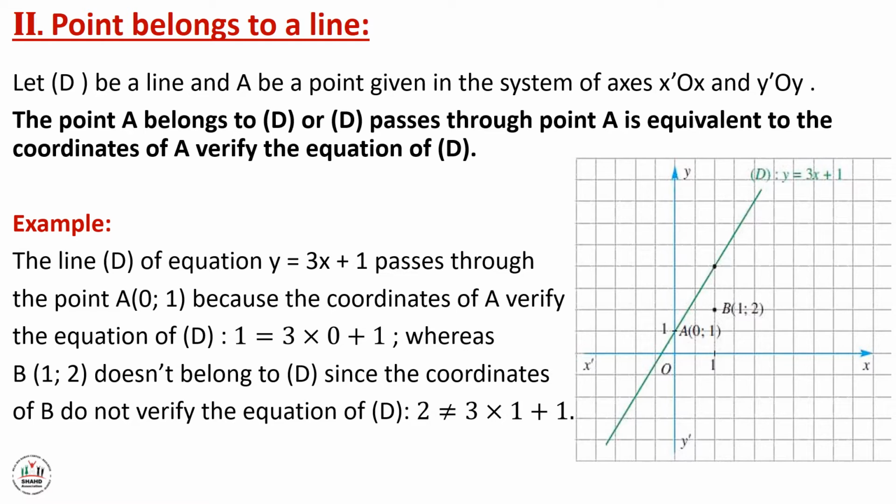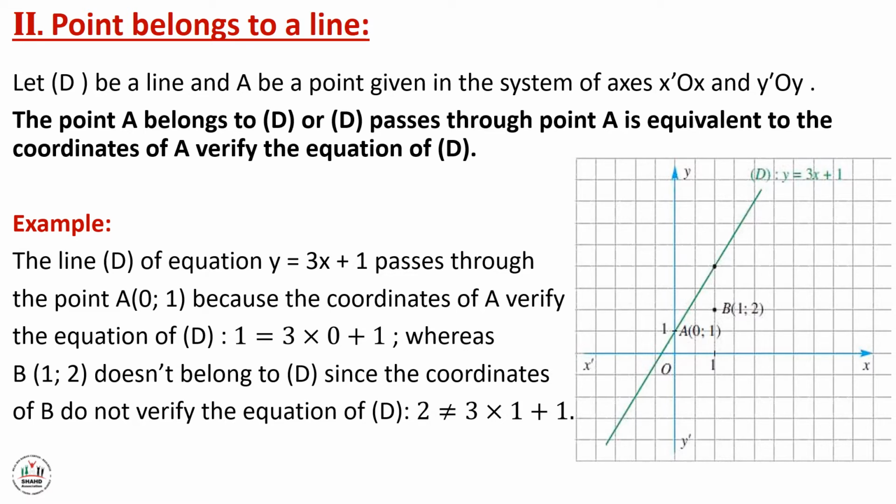The equation becomes 1 equals 3 times 0 plus 1. 3 times 0 equals 0. Then the equation becomes true: 1 equals 1.